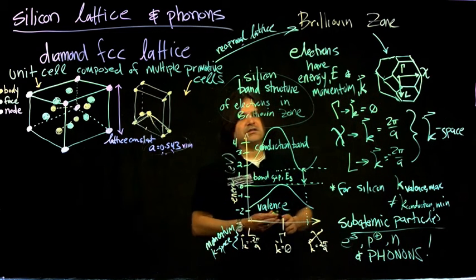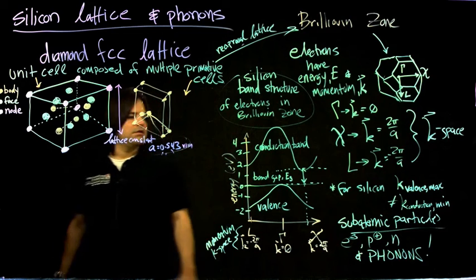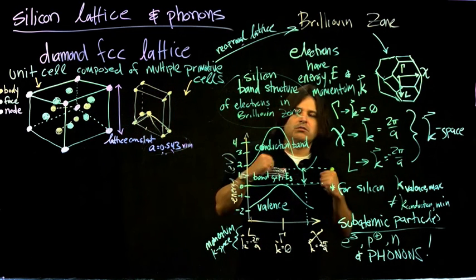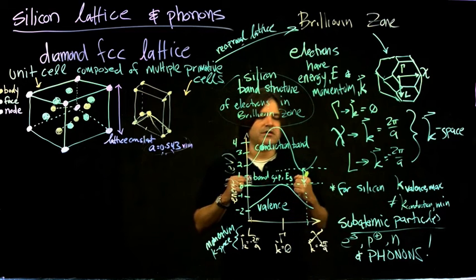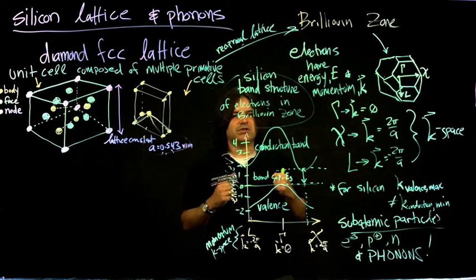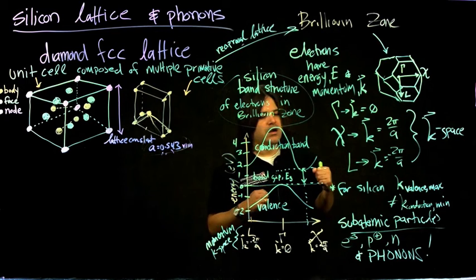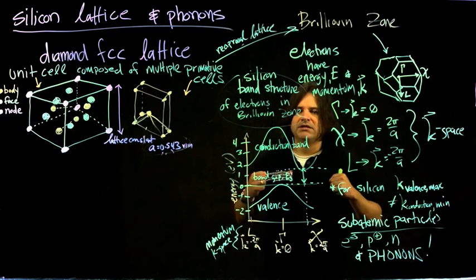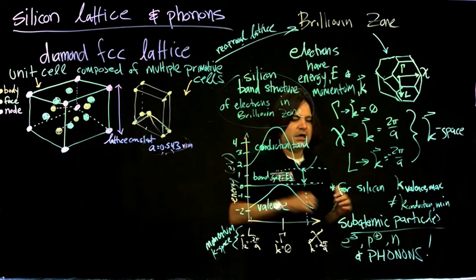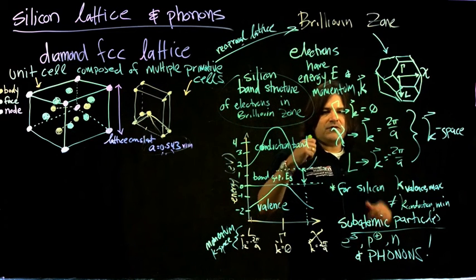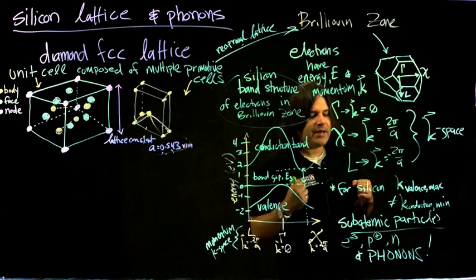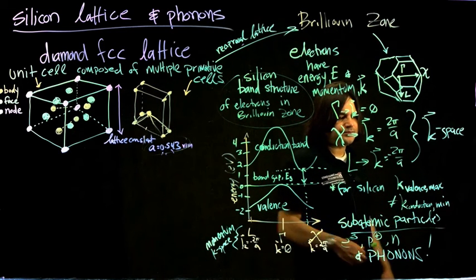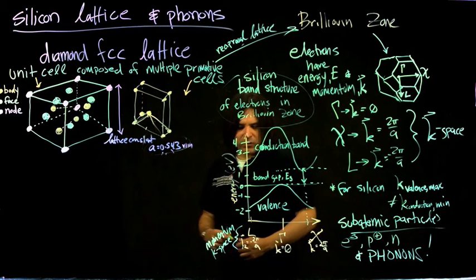What are phonons? Phonons are the vibrational modes of this structure. It's specific to a solid structure, where the energy and the momentum of the phonon come from the vibrational mode. So it's kind of an abstract thing, but you can still consider it to be a subatomic particle. And the math works behind it.